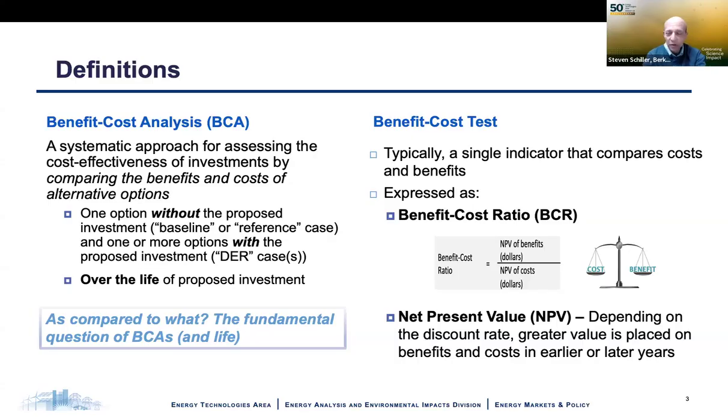And typically the way the results are presented is with a benefit cost test result. That can be a ratio, the BCR, the benefit cost ratio, the ratio of benefits to costs, hopefully a number greater than 1 for your investments. But you also can present it as net present value, what is the total net benefit, whether that's a negative or positive number, positive being the benefits exceed the cost.